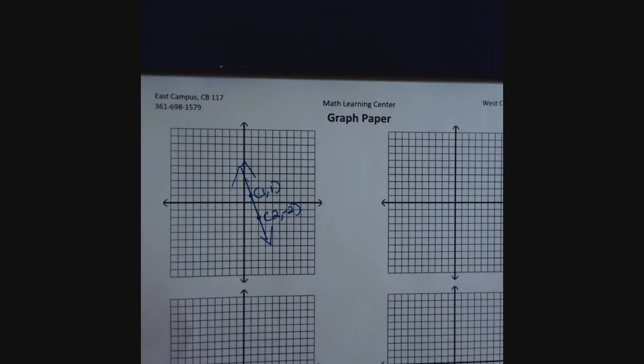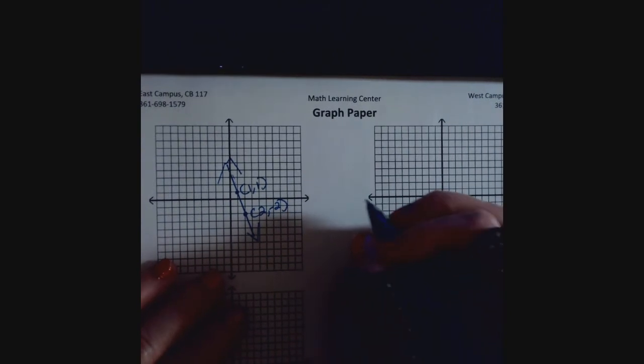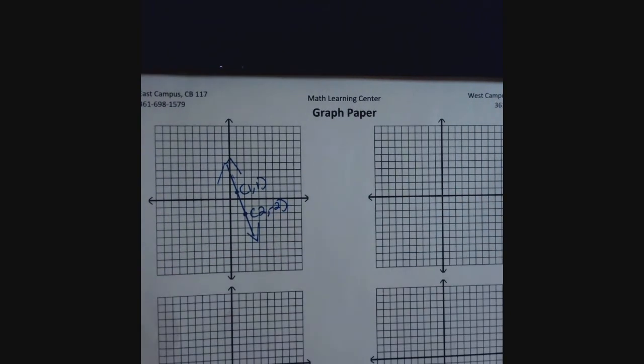Okay, so now I'm going to put a graph up here. And we're going to write an equation in standard form from this graph. Okay, so we know for a line here, we need the slope and we need an ordered pair.